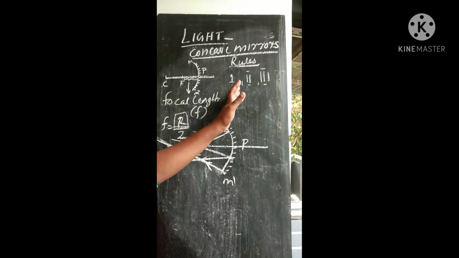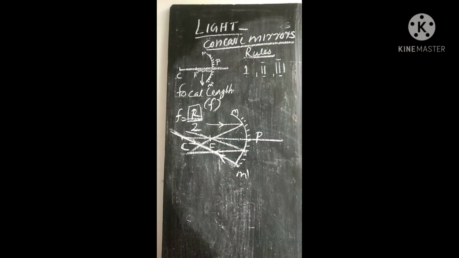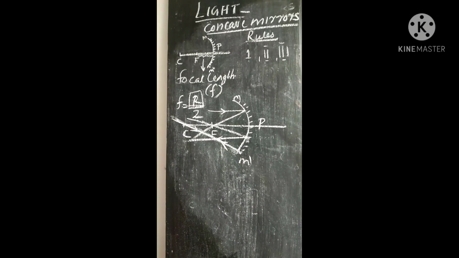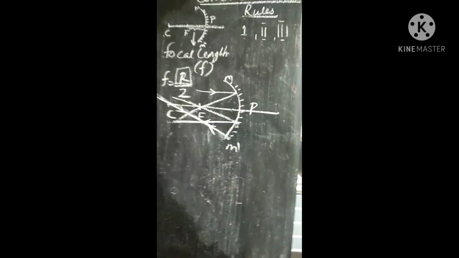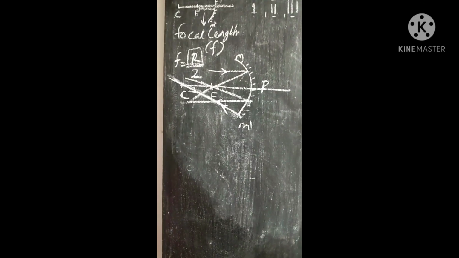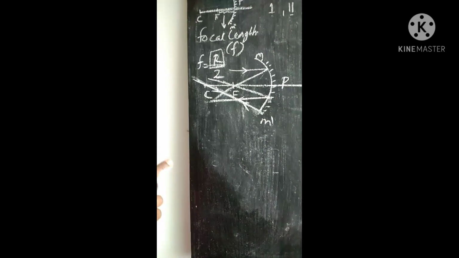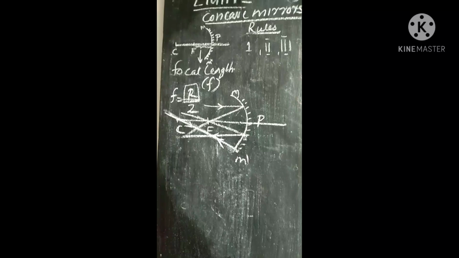Then the rules. What are the different rules for image formation by a concave mirror? So these are the rules. If a ray is parallel to the principal axis, that ray will pass through the principal focus of the concave mirror after reflection. Second rule, if a ray is passing through the principal focus, that ray becomes parallel. And these two rules are opposite to each other.